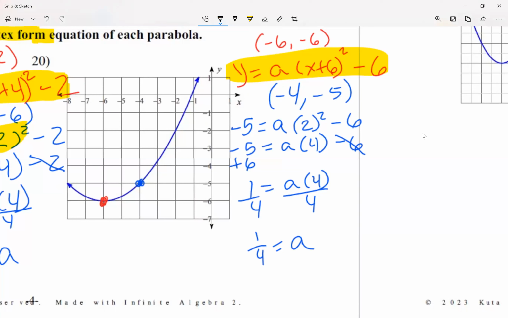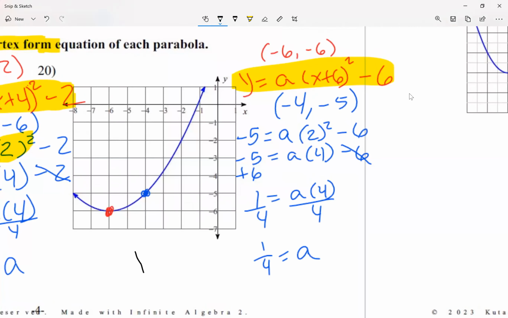Okay, now I'm ready to write my answer here. I'm going to write this as y equals, let me fix this right here. So I'm going to write this as y equals, I know the aperture is 1/4.